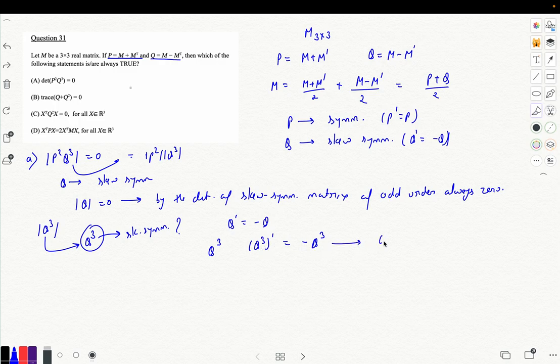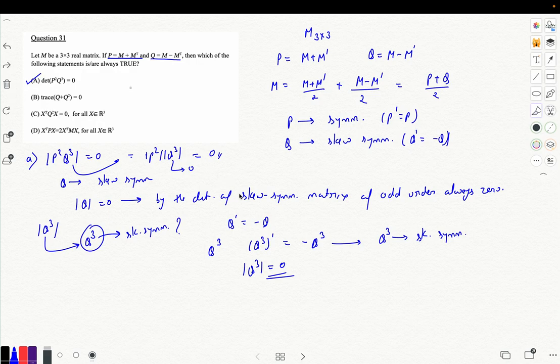So from this we can say that Q cube is actually a skew symmetric matrix. As it is a skew symmetric matrix, the determinant of Q cube is going to be 0, because Q cube is of odd order. So this term would go to 0, and the determinant of the whole thing is going to be 0. So the first option is correct, that is, determinant of P square Q cube is equal to 0.